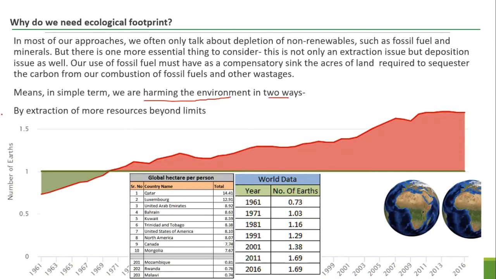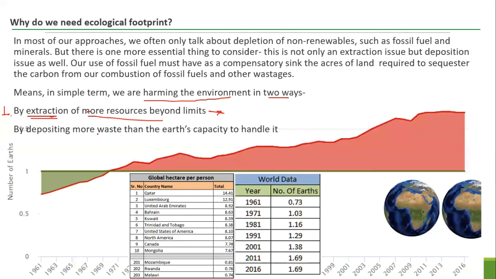First is by extracting more resources beyond limits. There is a certain limit, right? Earth has some limit, but we are extracting more. So this is the extraction issue. And second is by depositing more waste than the Earth's capacity to handle it. So in both ways, we are harming the environment, right?